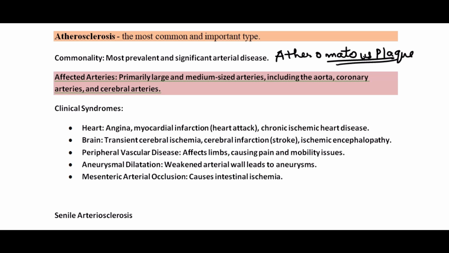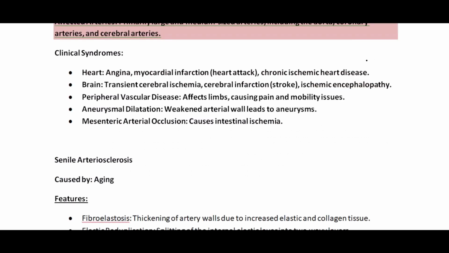There is accumulation of lipid-laden cells, cholesterol and other cellular debris in the intimal layer of the arterial walls. That leads to inflammation and can lead to formation of thrombi that can obstruct the blood flow. So atherosclerosis primarily affects the large and medium sized arteries and can lead to various clinical syndromes depending upon the location of the plaque.